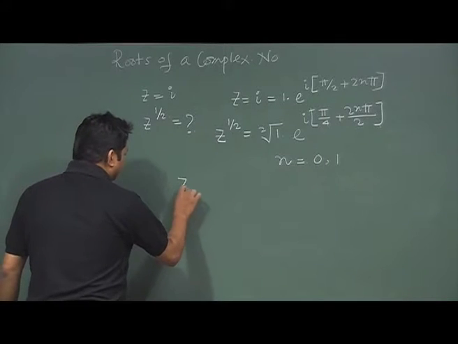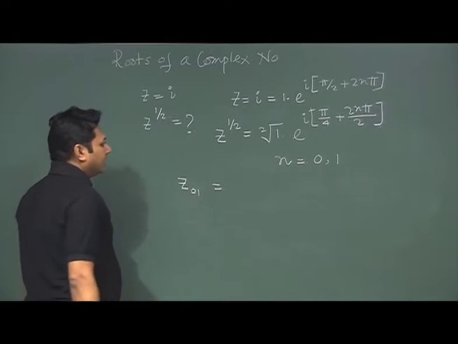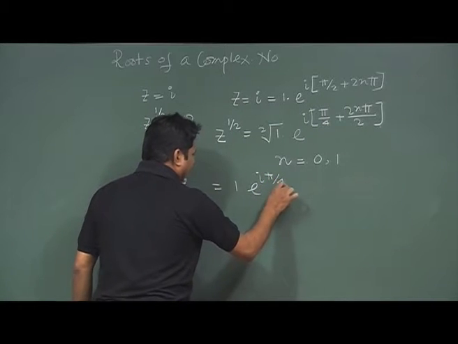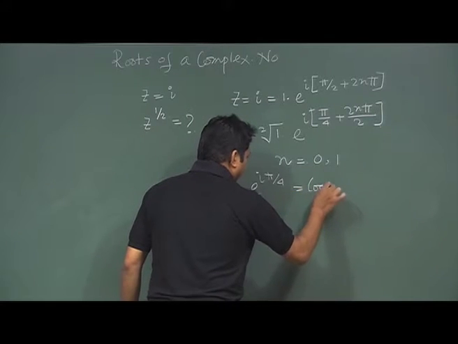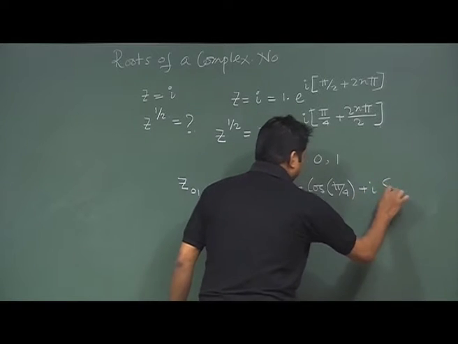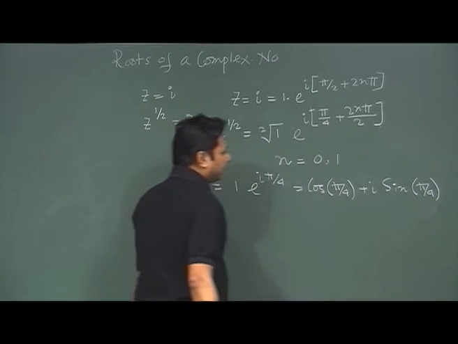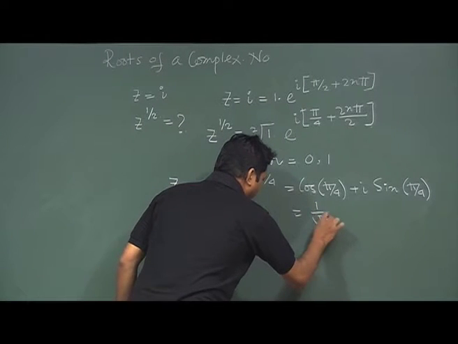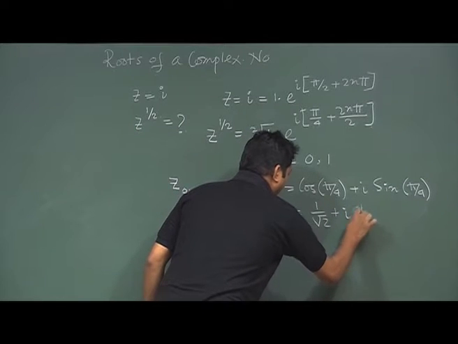So, if I do my first root z 0 1, this is my first root, it should be 1 times e to the power of i pi by 4, which is how much? Cos pi by 4 plus i sin pi by 4. Cos pi by 4 is 1 by root 2 plus i 1 by root 2.